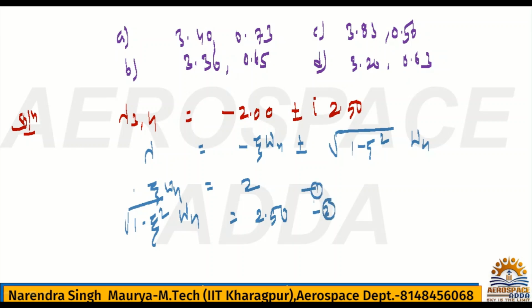So we need to calculate this. In equations 1 and 2 you have chi omega n and root 1 minus chi square omega n. These values we have. Just try to find out what is chi and omega n. It's a simple calculation you have to perform.